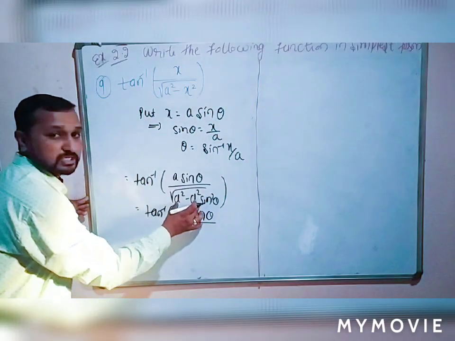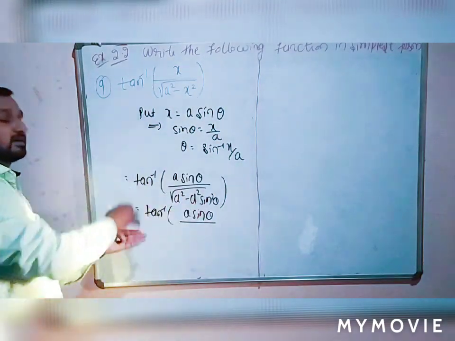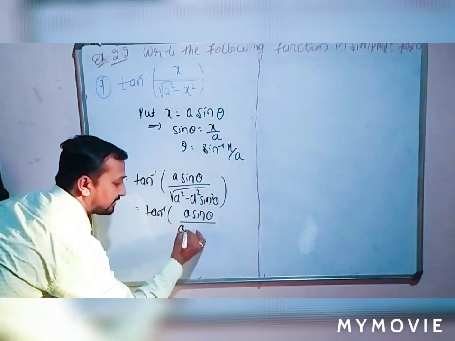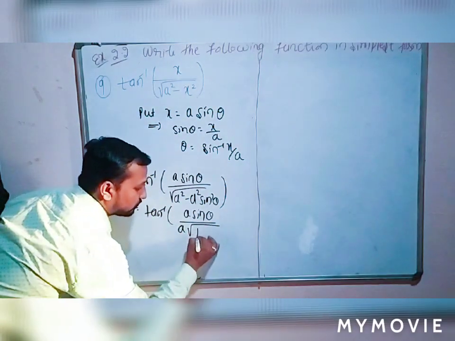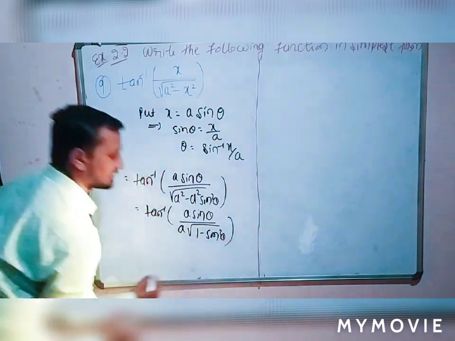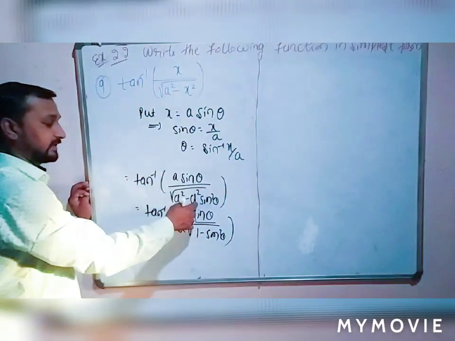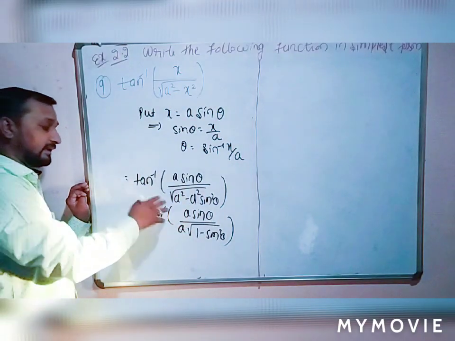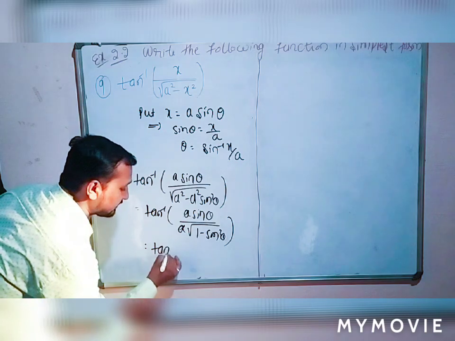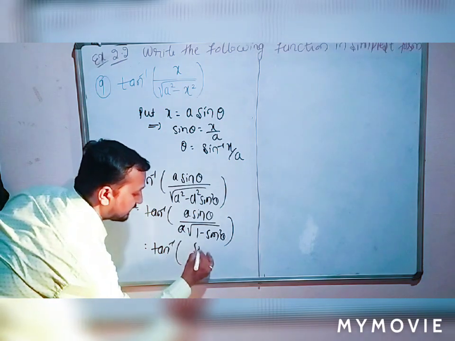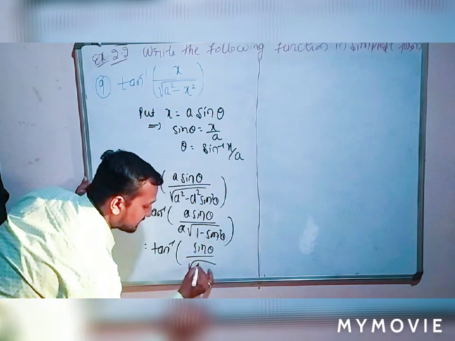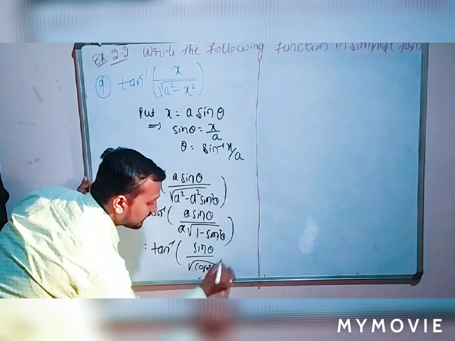Here also a square. Take a square outside the bracket, outside the root we get a, in the bracket root of 1 minus sin square theta. Is that clear? Here a square taken common from the root, so here a. So a and a get cancelled. The step is tan inverse of sin theta divided by root of 1 minus sin square theta, which is nothing but cos square theta.